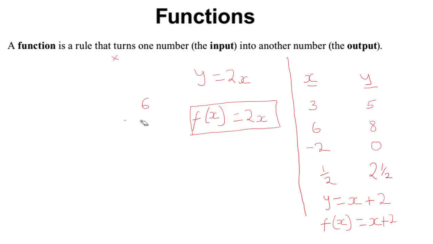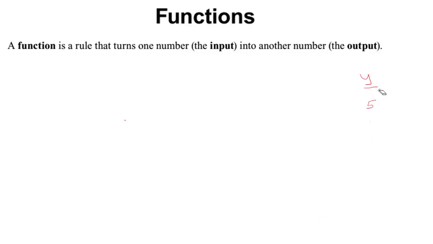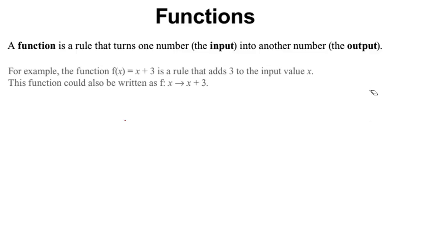You could also have functions that will square the input, giving square numbers, or functions that will cube the input for you, giving you cube numbers. That's just a basic introduction. I've got here f of x equals x add 3.